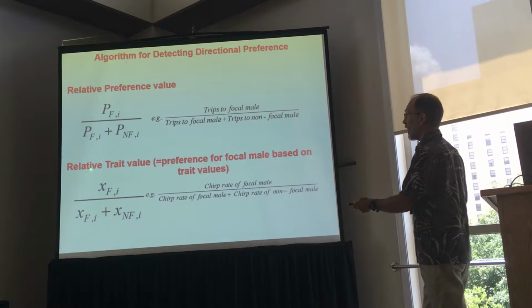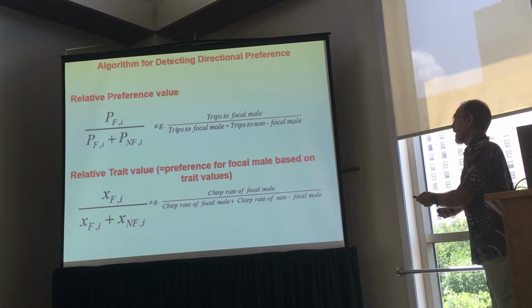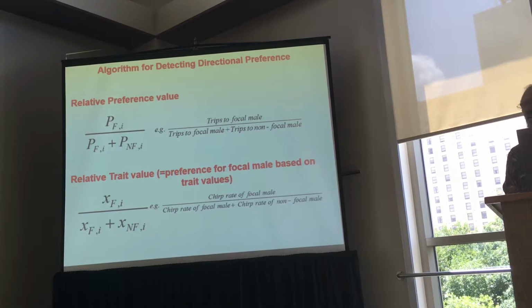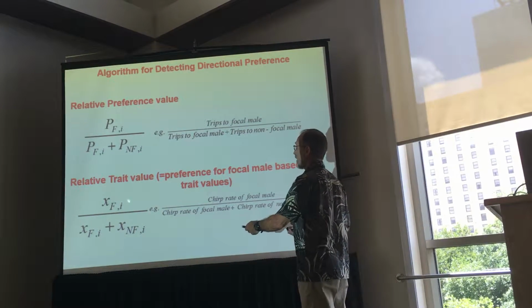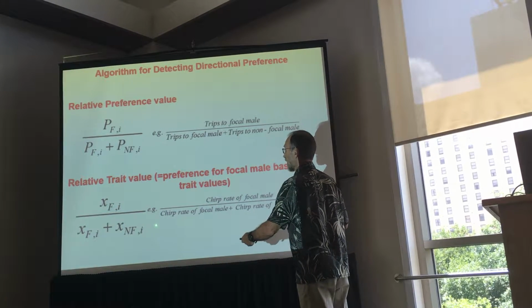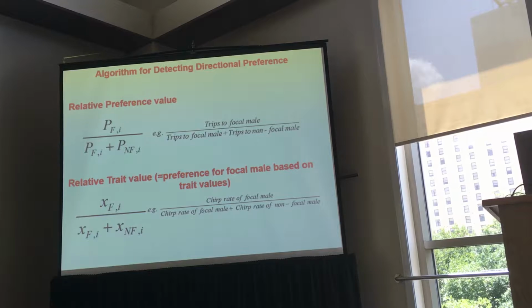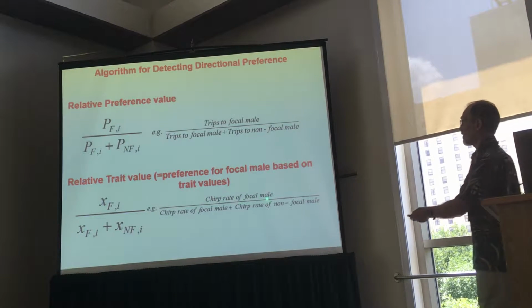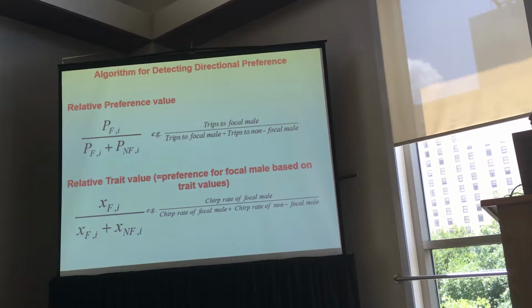We then define a relative trait value, which is the preference for the focal male based upon the trait value. So in this case, it would be the value of the focal male divided by the sum of both the focal and the non-focal male. The example here is the chirp rate of the focal male divided by the sum of those two.